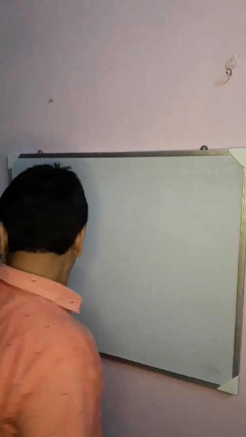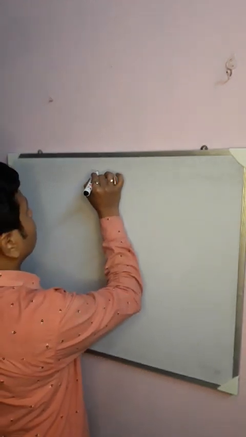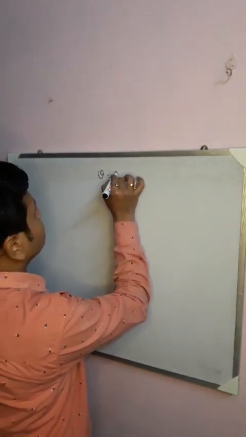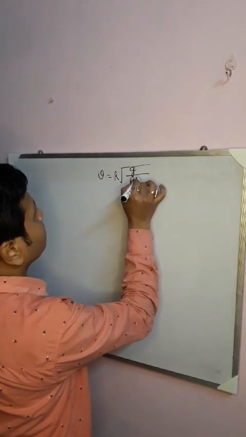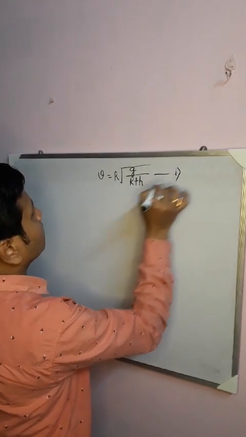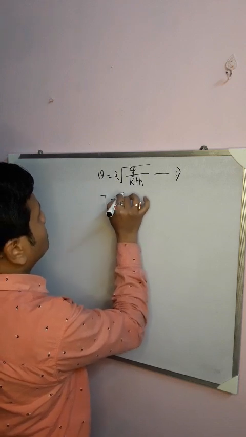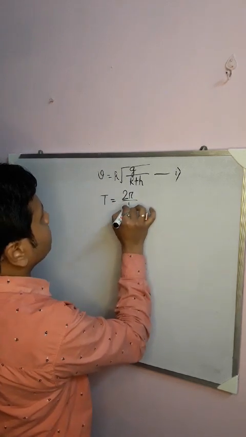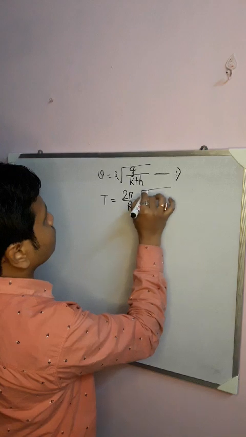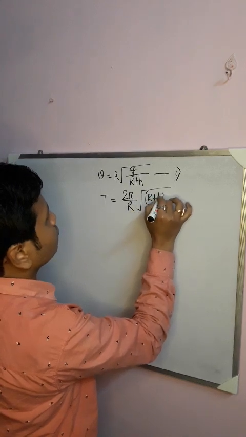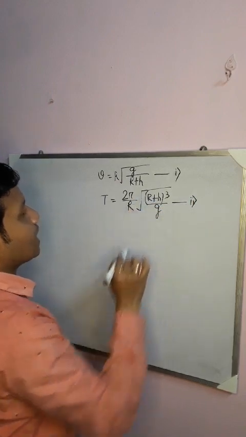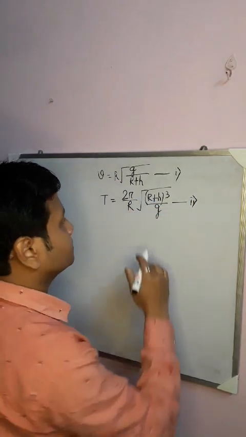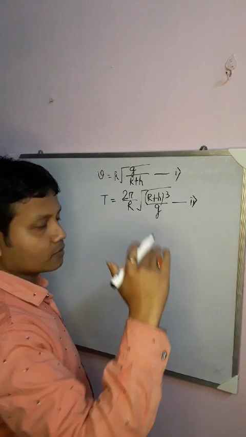There we find that the orbital velocity can be written as v = root of g R squared by (R plus h), and the time period of revolution can be written as T = 2 pi by R square root of (R plus h) whole cube by g, where R is the radius of Earth and h is the height of the satellite from Earth's surface.